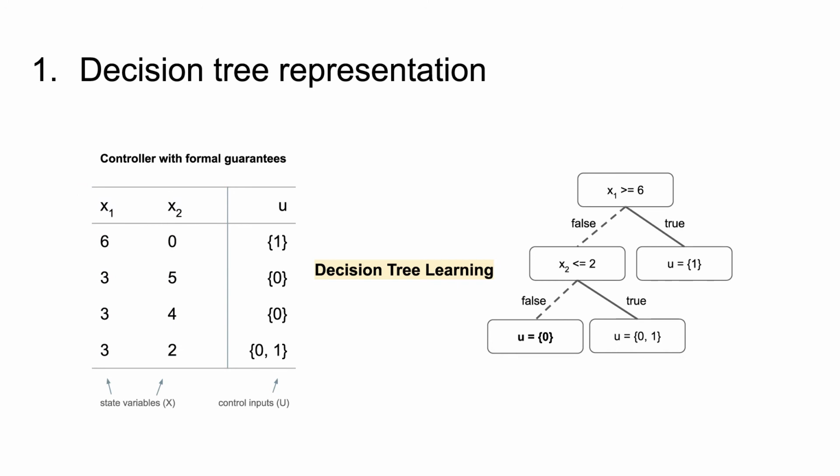This classification problem is then solved using decision tree learning. We can force the learning procedure to exactly represent the controller, which means without loss of any information. Note that, to this end, overfitting is actually very desirable in our setting, in contrast to standard machine learning.